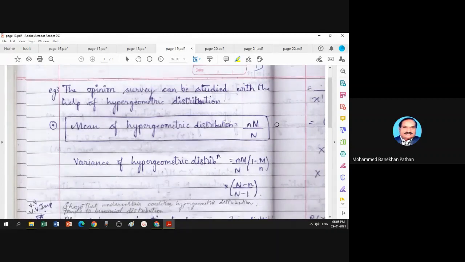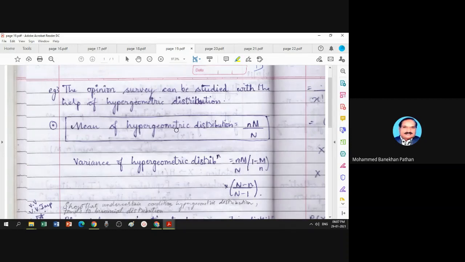Now, as per syllabus, we are not going to derive the mean and variance. Just remember what the mean of hypergeometric is and what the variance of hypergeometric is. Just like in the previous four distributions: number one is the degenerate distribution, number two is the uniform distribution, number three is the Bernoulli distribution, and number four is the binomial distribution.